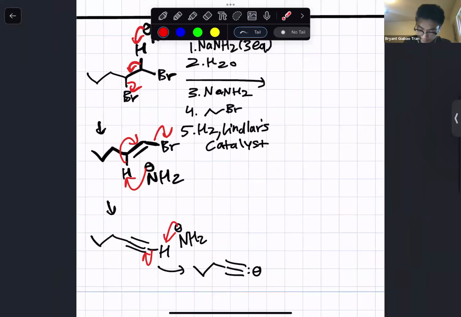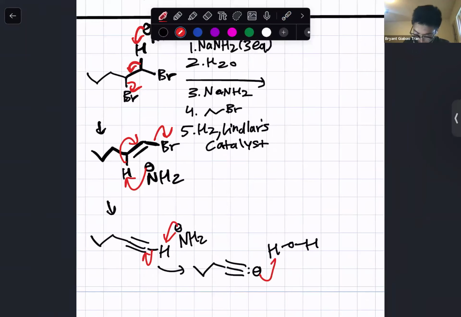Now, the second step, it could be H2O or H3O plus or H2SO4. That is going to protonate the alkyne anion here and give us this terminal alkyne here, right?